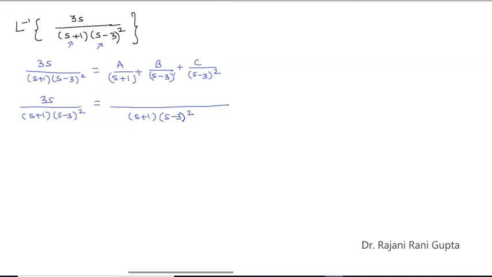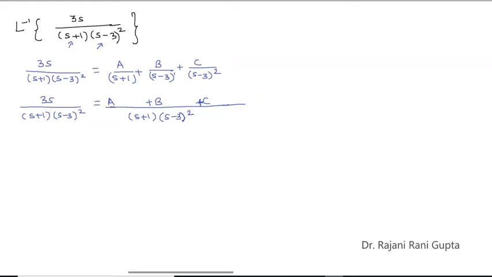Now we are looking for the terms which should multiply with A, B and C. This is the term in which I was explaining that the cross multiplication will not work. Let me take another example.